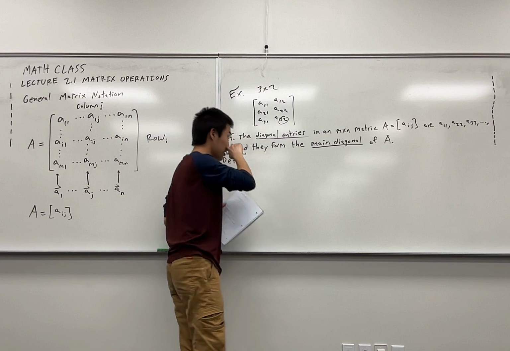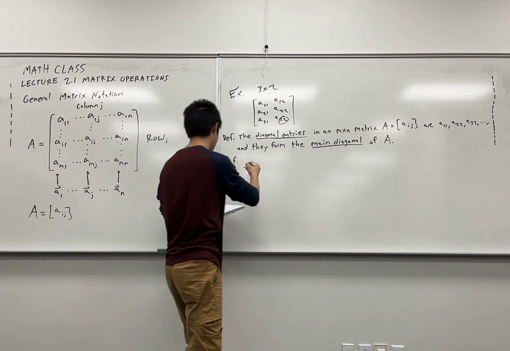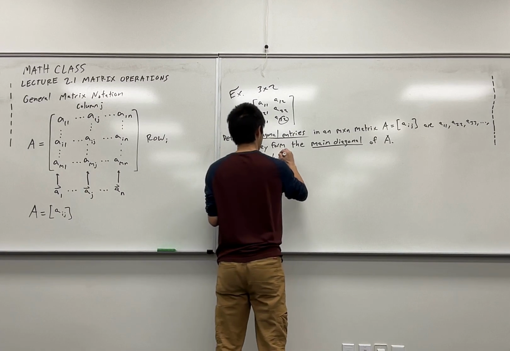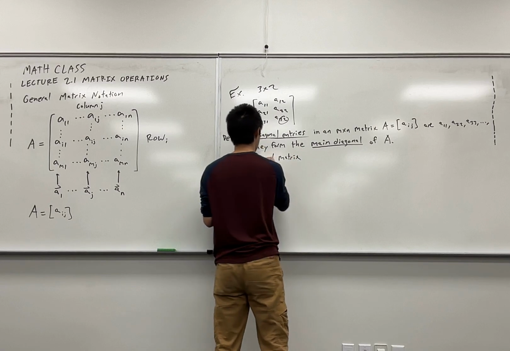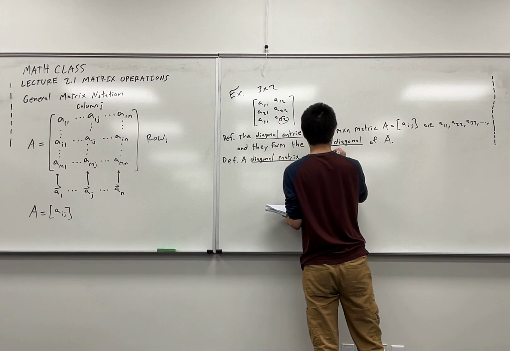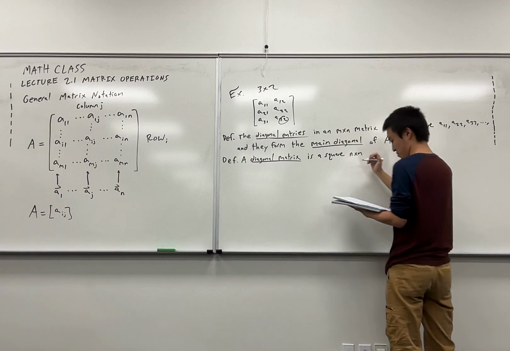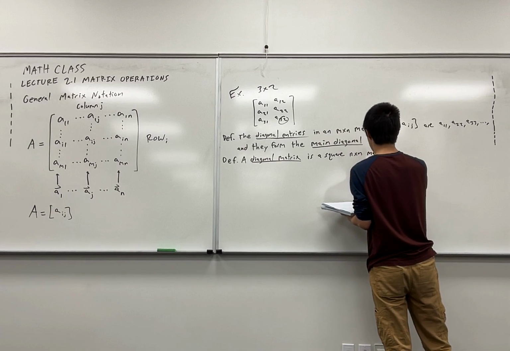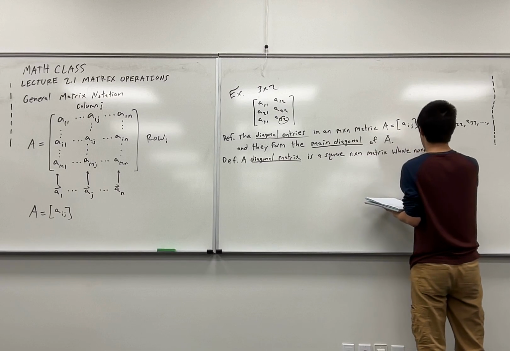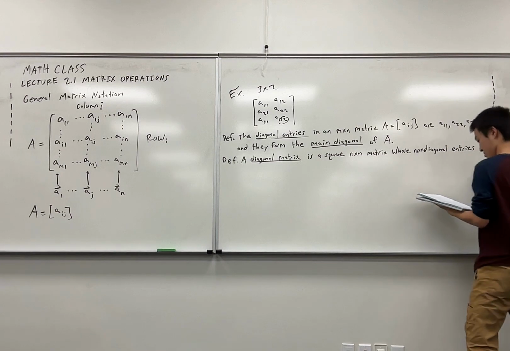Definition. I'm going to throw these definitions up here, and then I'm going to give some examples so that we can put this together. A diagonal matrix, so we're defining this, is a square n by n matrix, so now the same number of rows as columns, whose non-diagonal entries are 0.